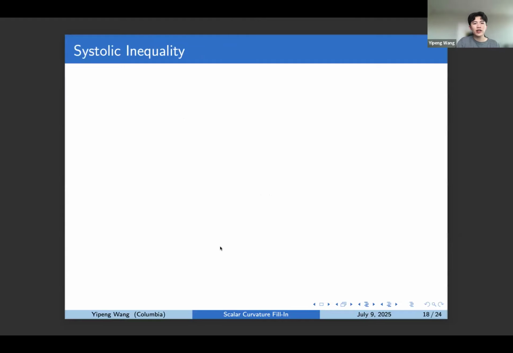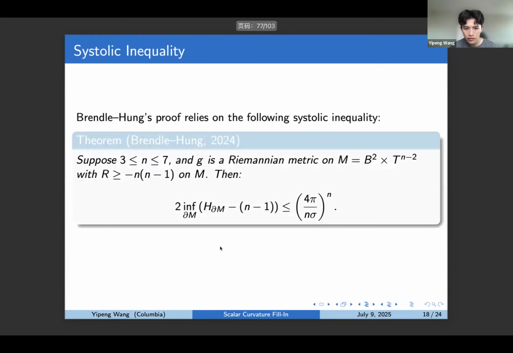So a few more words about how they proved this conjecture. This positive mass theorem, they prove it using the following systolic inequality. They show that if you are on a manifold given by a disk cross a torus with scalar curvature at least minus n times n minus 1, then the infimum of the boundary mean curvature minus n minus 1 is always bounded by the systolic quantity.